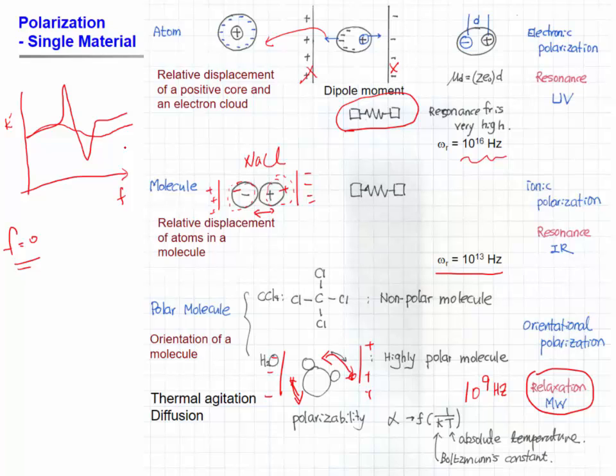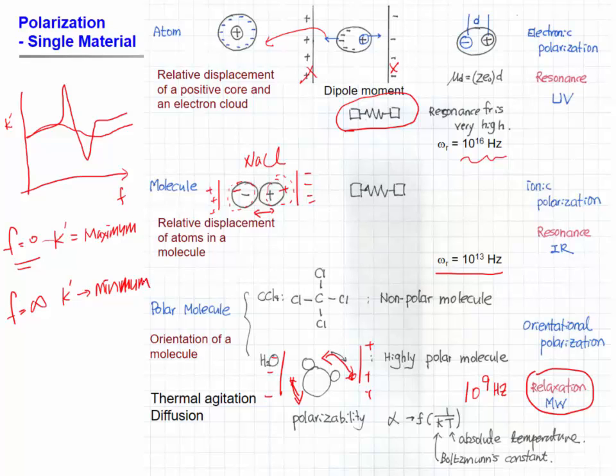And once you start alternating the current, this polarization will go down because of the inertial force and the viscous drag. So here at frequency 0, polarizability is the maximum. As the frequency goes to infinity, this goes to the minimum value.